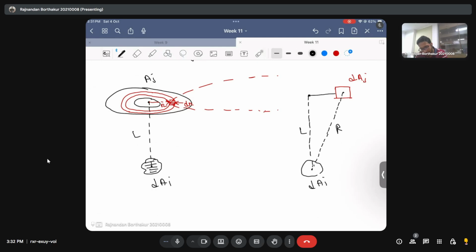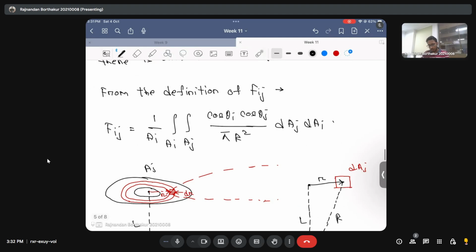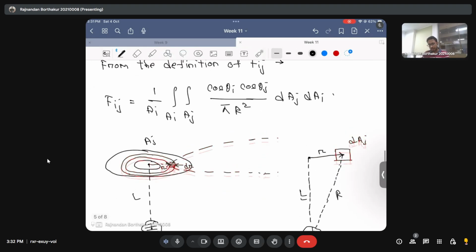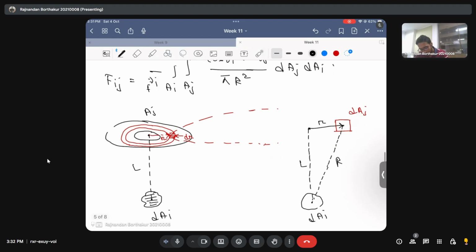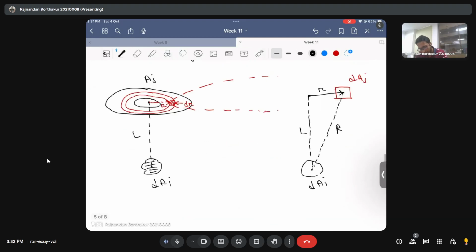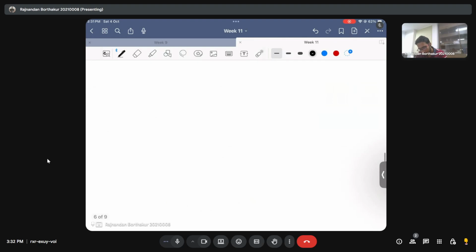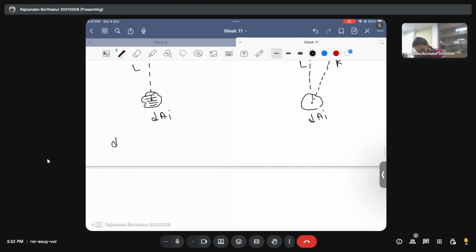But remember, this R is now located at any generic radius R, which means that my DAJ, first of all, I can infer from this exercise that my DAJ is nothing but 2 pi r dr. Okay, that is something that you can infer.